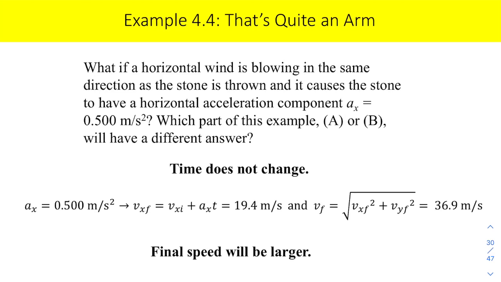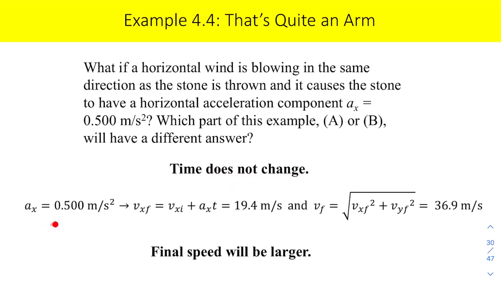Okay, what if the horizontal wind is blowing in the same direction as the stone is thrown and it causes the stone to have horizontal acceleration of positive 0.5 meter per second squared? Which part of this example, A or B, will have a different answer? Okay, the time does not change.